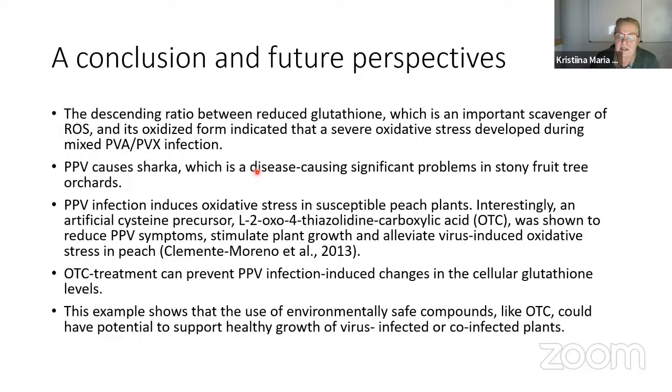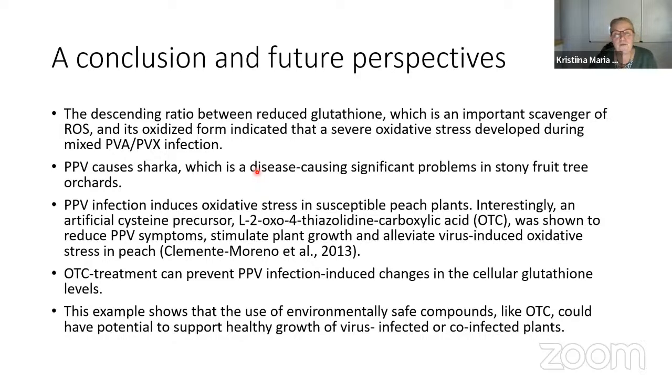There is a study where it has been shown that this plum pox virus infection induces oxidative stress in susceptible peach plants, and treatment of these plants with an artificial cysteine precursor, which is this L-2-oxo-4-thiazolidine carboxylic acid, OTC, is relieving the symptoms and stimulates the plant growth, and alleviates the virus-induced oxidative stress in peach.